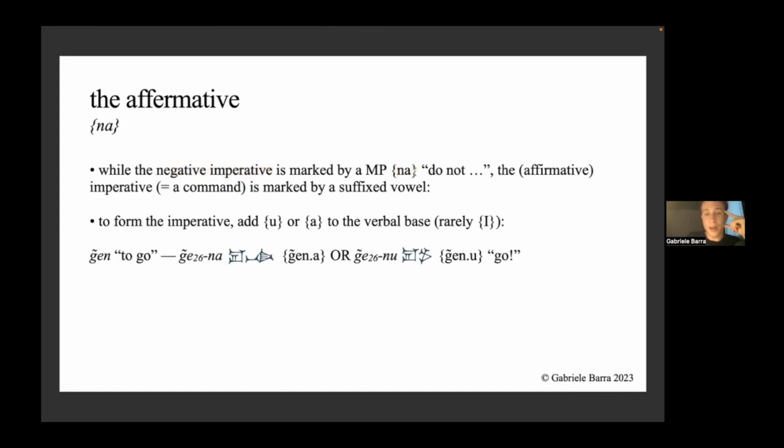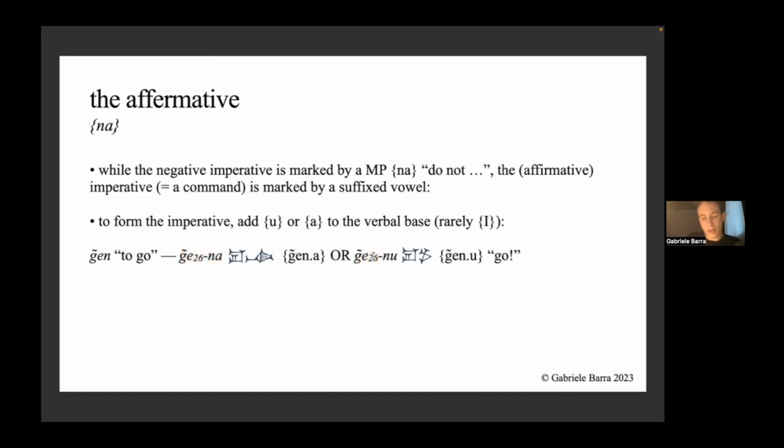But if you have to do an affirmative imperative, you just take the verb and you write either u or a after it. And that's rarely e. But mostly just u or a interchangeably, supposedly. So ngen, to go, becomes ngena or ngenu, go.